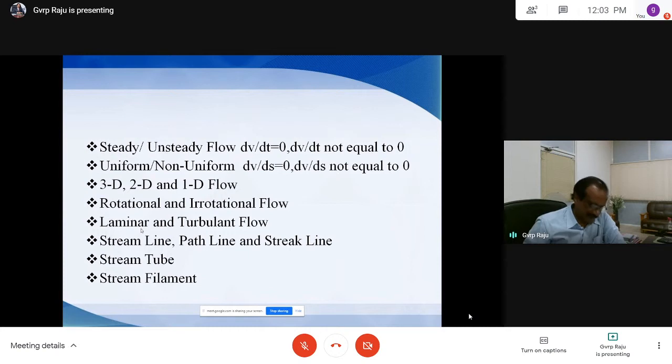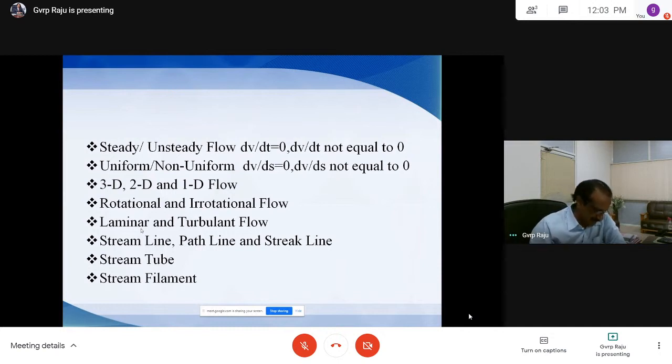And stream filament. A stream filament is a stream tube with a small cross-section area in which the variation of the velocity is negligible.